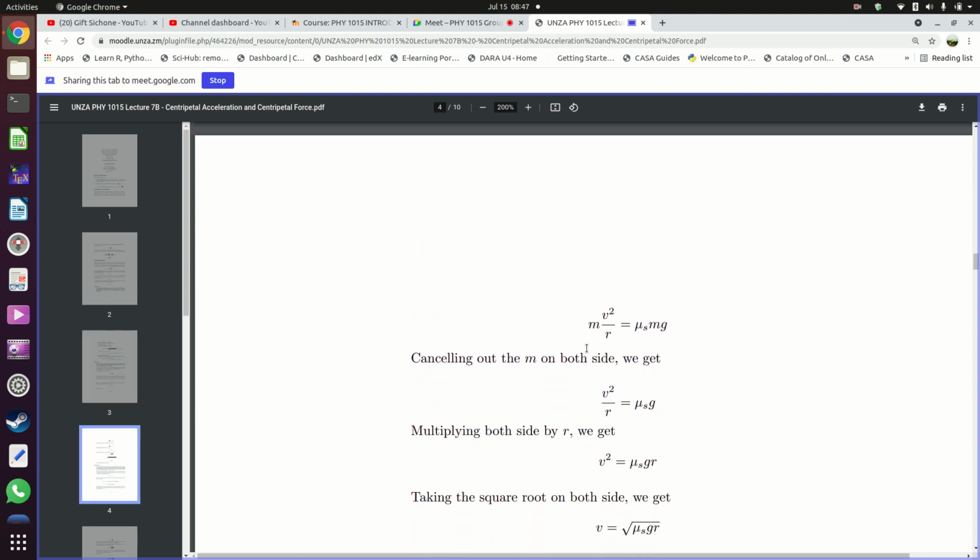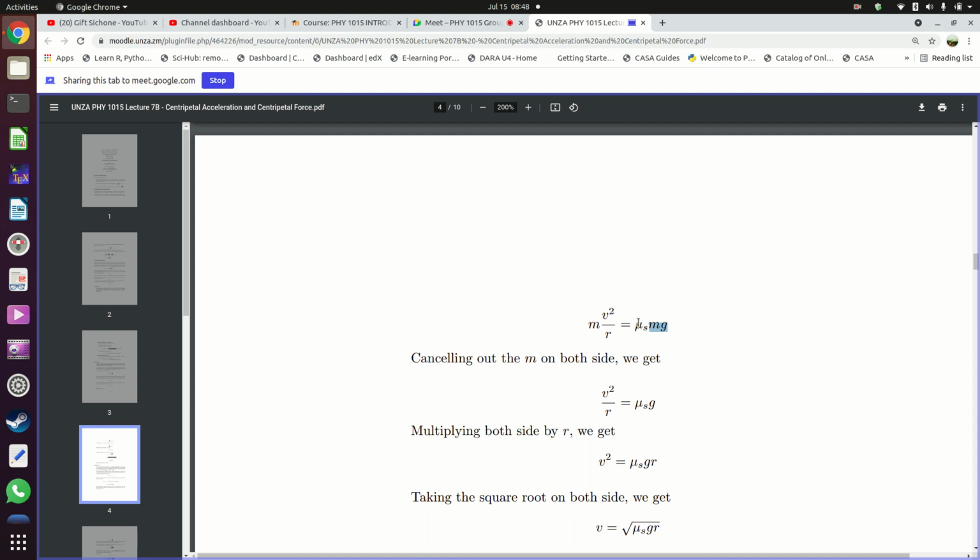We end up with the mass of the car moving around the roundabout, multiplied by v squared divided by r, is equal to mu multiplied by m and g. Now something interesting happens. There is an m on this side, which is the mass of the car. There is an m on this side, which is also the mass of the car.